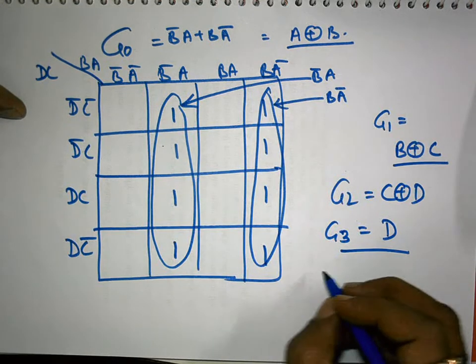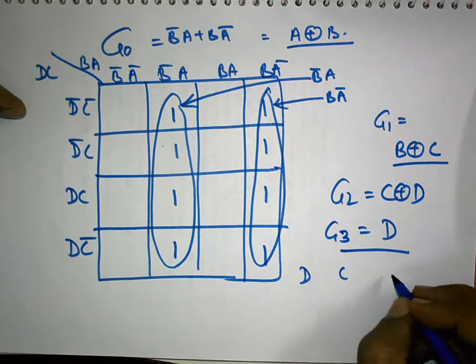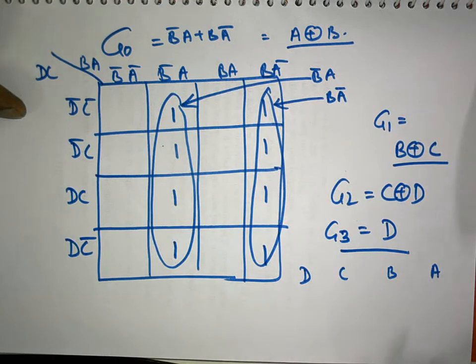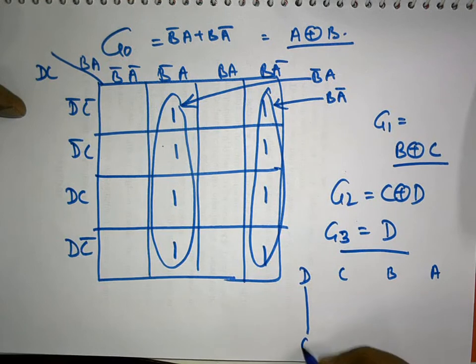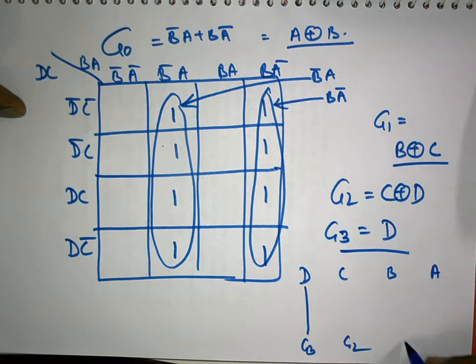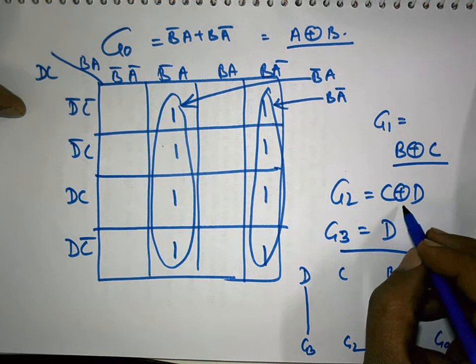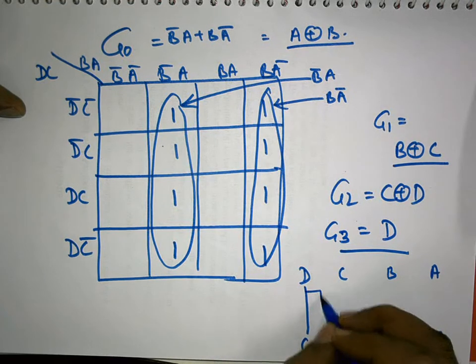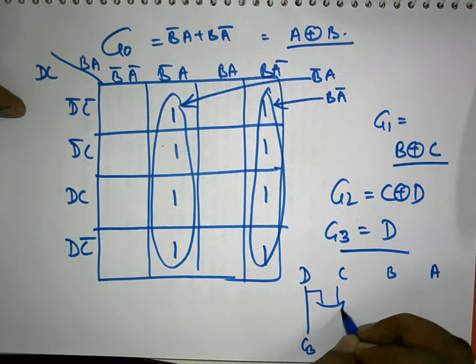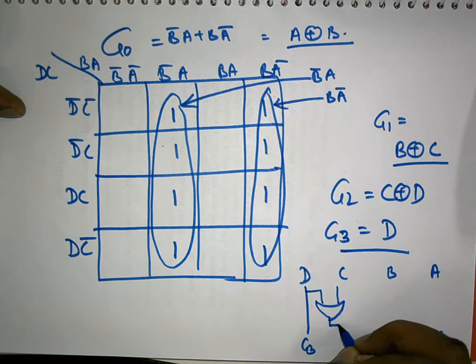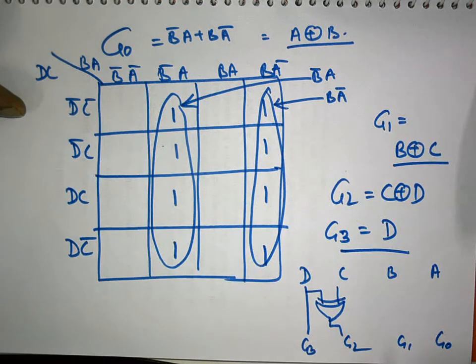This is very easy. You have D, C, B and A as input lines. So G3 is D. This is G1 and this is G0. What about G2? It is exclusive OR between C and D. What about G1?